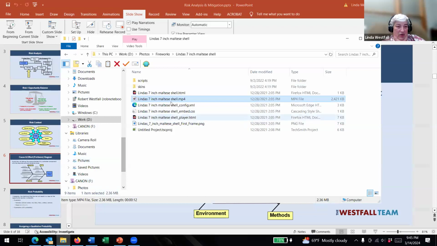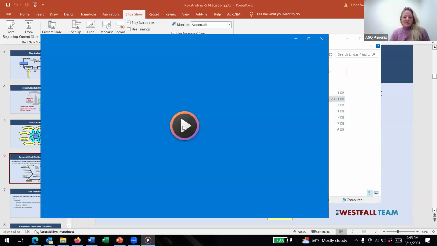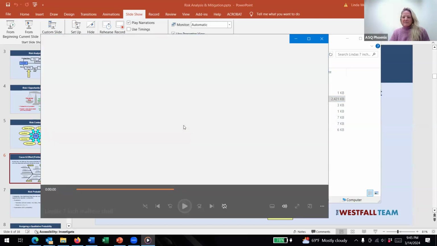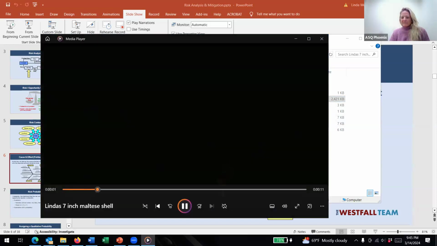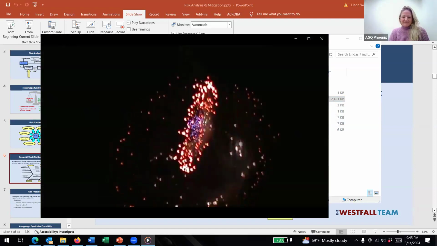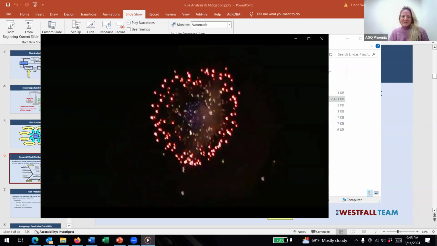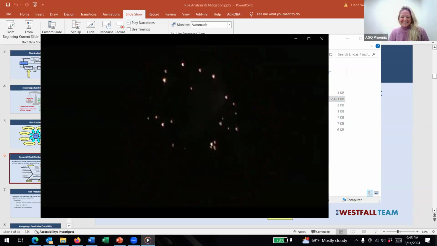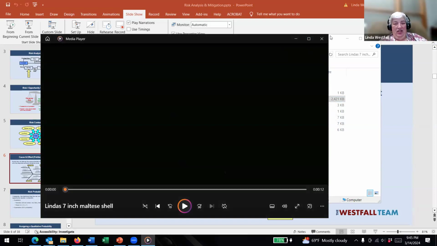I wanted to show one more thing. Sure, of course. Oh, that's cool. That's a Maltese multi-break shell. I mentioned Malta as we were talking earlier, but that shell took me 40 hours to build.